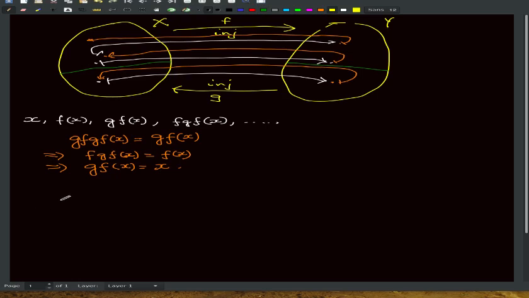This is the formal way to do it. Instead of taking a point, I now look into, remember, the power set, or the set of all subsets.